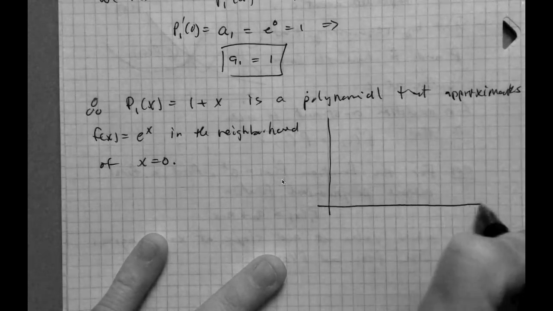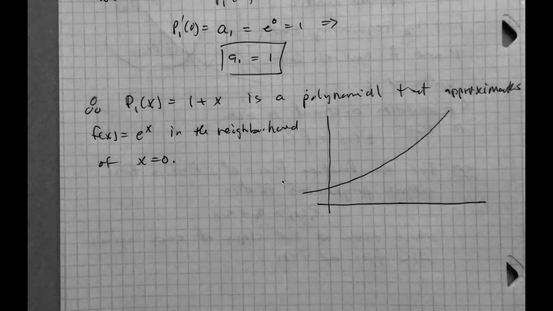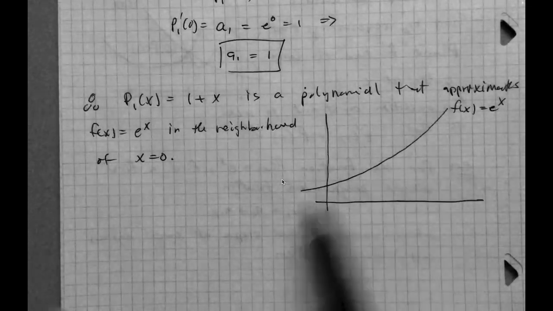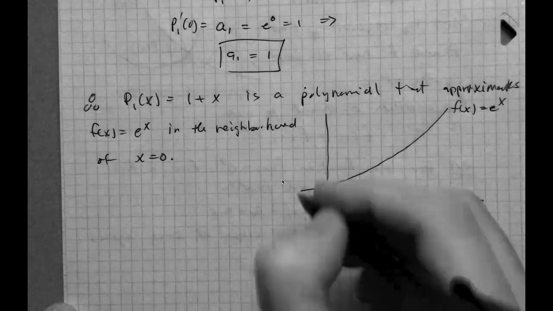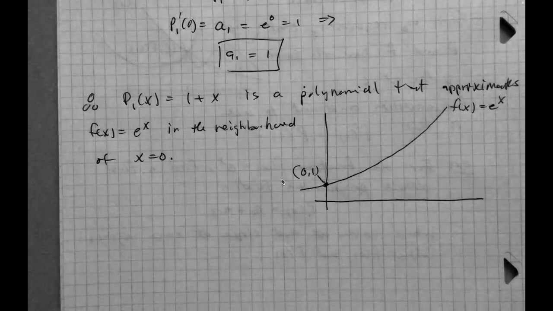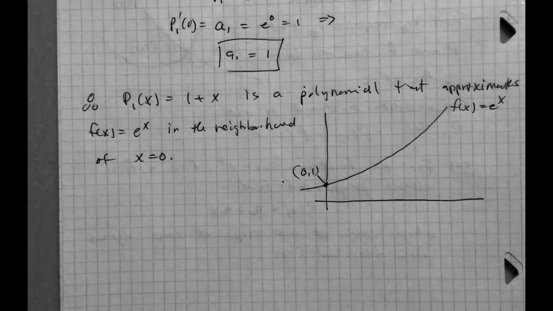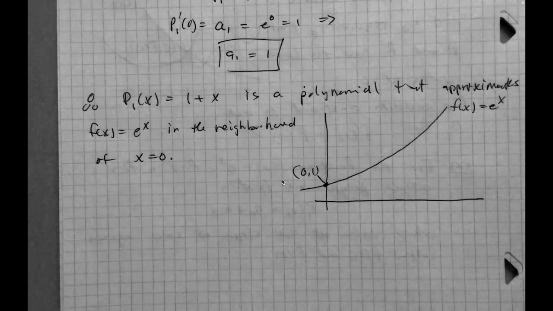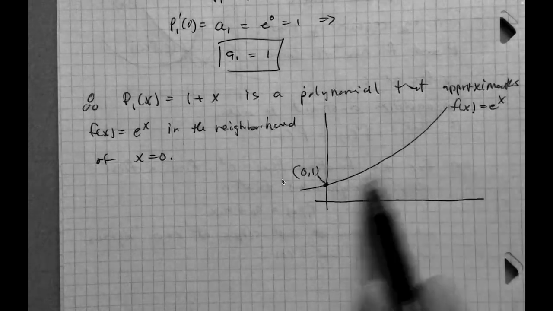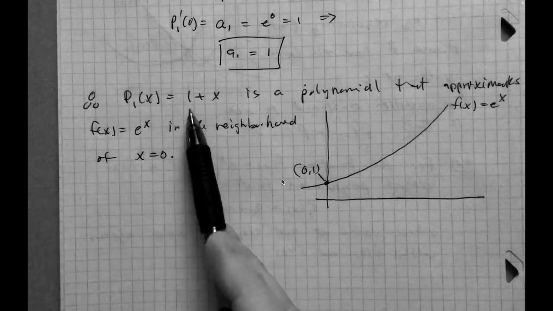Okay, so what does this look like? Let's draw a picture here. And we kind of already drew this. This was our first example, right? So if this is our f of x equals e to the x, we know that's kind of what it looks like. It passes through the point 0, 1. And what we've established just now is that a first-degree polynomial that approximates f of x equals e to the x at x equals 0 is this guy, P1 of x equals 1 plus x.